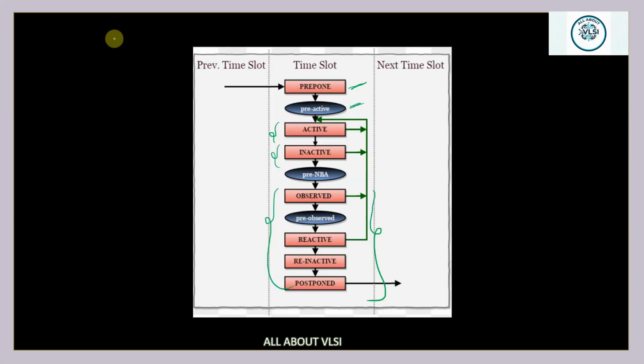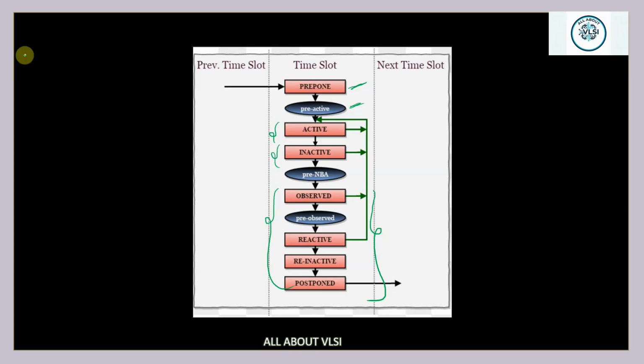In Verilog, we also discussed the event scheduler in great detail, like what the Verilog event scheduler is. If I want to refresh that, if you run any program or code, the compiler is going to execute these events: the prepone region, active region, and inactive region. For every time slot, every time unit, events are created.